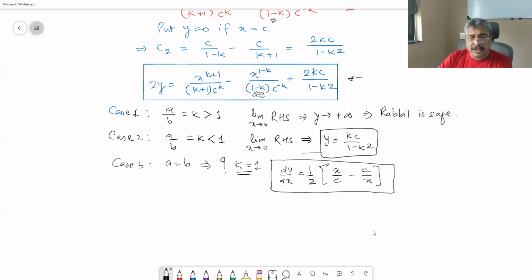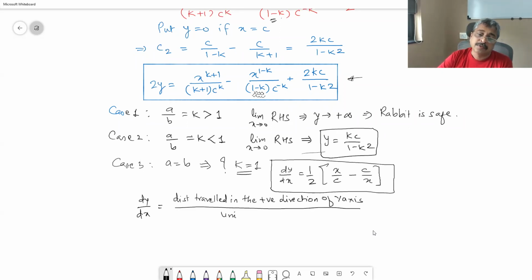When delta x is very small, not equal to 0, dy by dx is the distance traveled in the positive direction of the y-axis per unit distance traveled in the positive direction of the x-axis. That is our slope, correct?